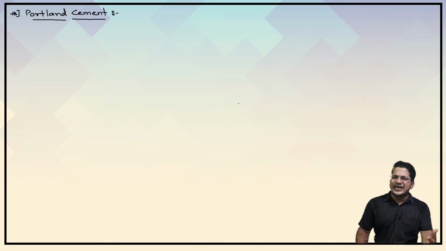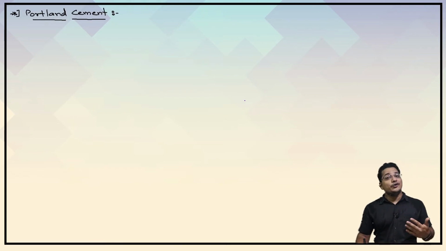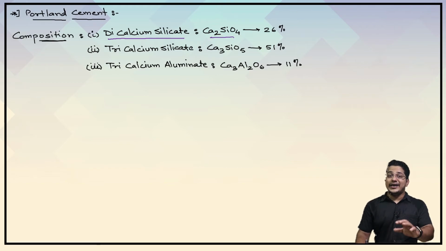Now there are many types of cements, of which Portland cement is one of the most important types we need to study, because it contains calcium. Now what is the composition of Portland cement? The very first component is dicalcium silicate, having the formula Ca2SiO4, in the proportion of around 26%.